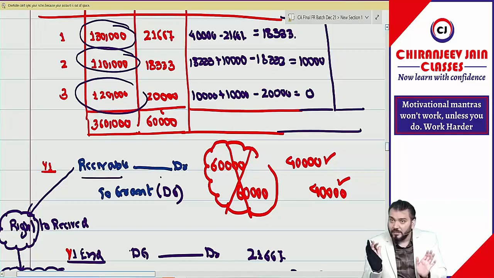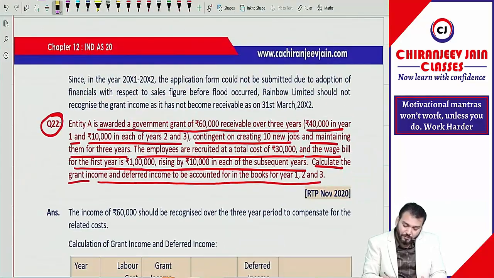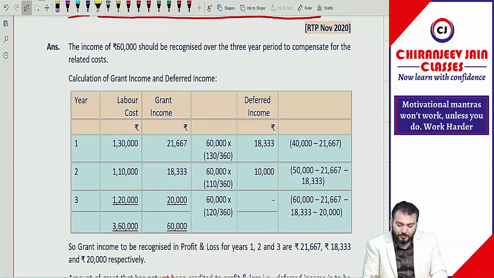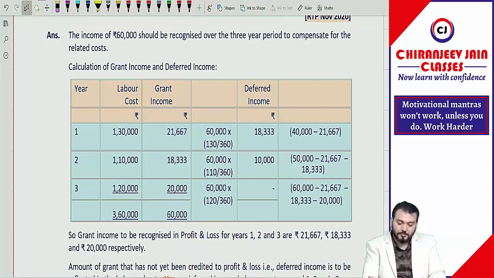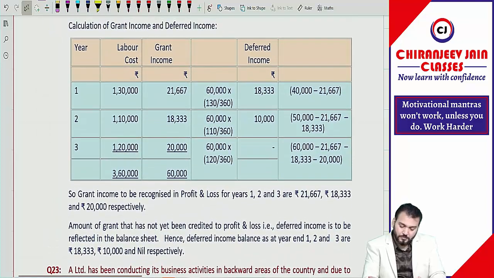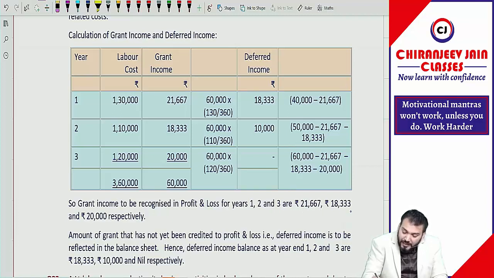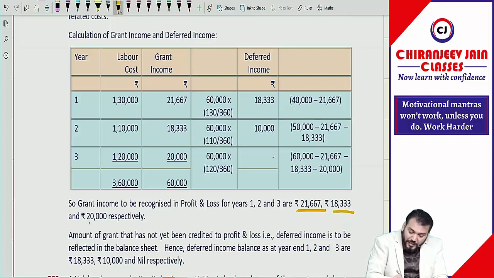Let's see what the answer is given. You can see this same answer is given. Grant income to be recognized in PL for years 1 to 3 is 21,667, 18,333 and 20,000 respectively.